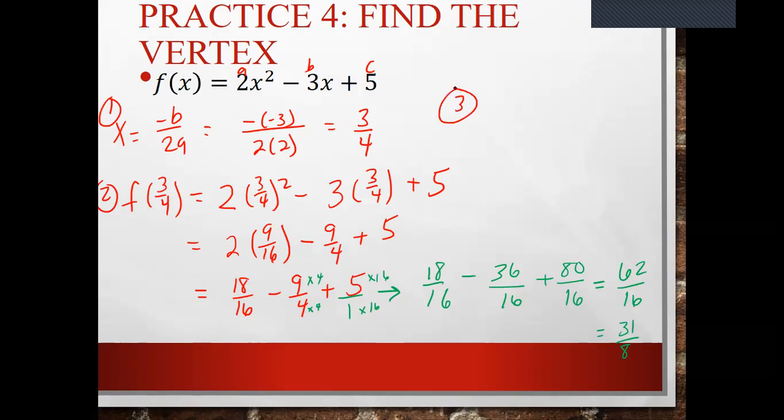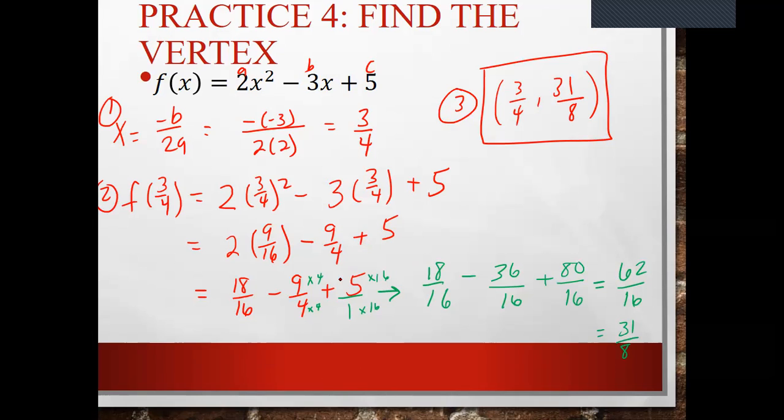So therefore, my vertex is at (3/4, 31/8). Look, I was trying to save trees. And that's my vertex. So again, if you can do it with the fractions, you can do it with anything. Got it?